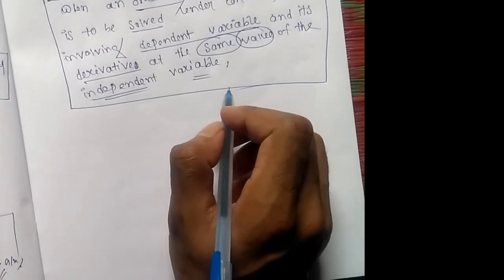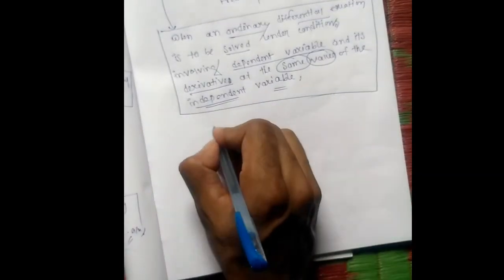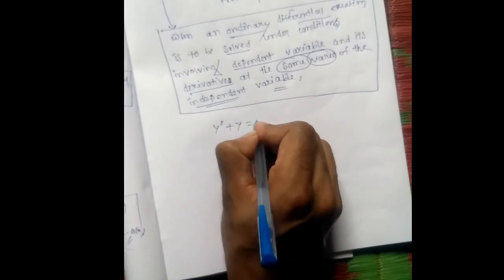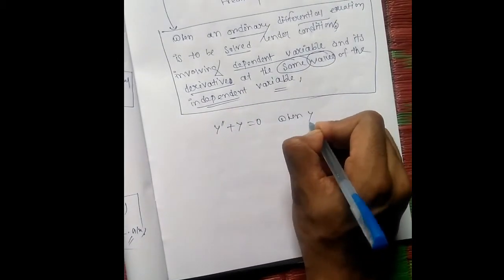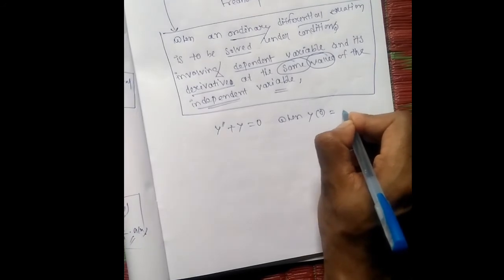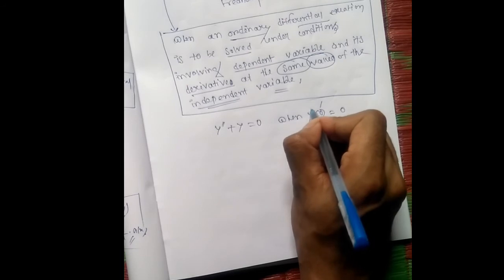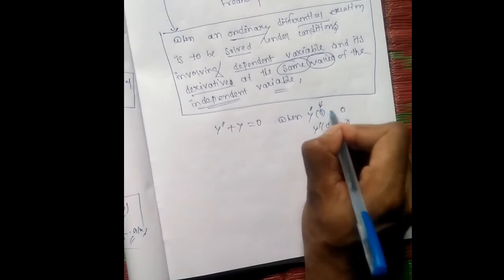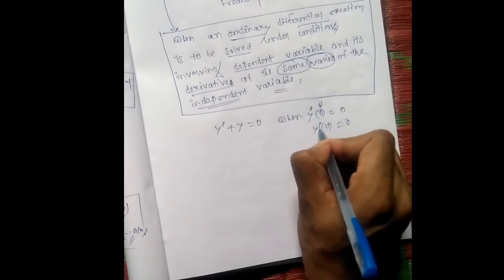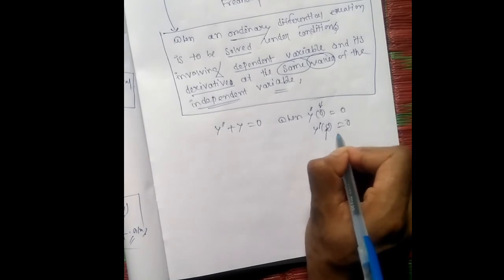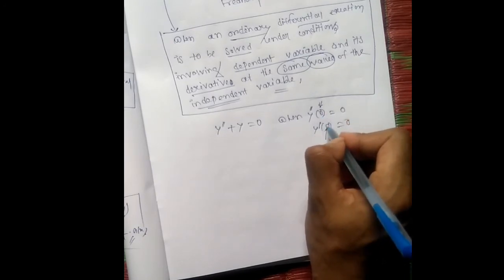This is very important. For example, y'' + y = 0 with y(0) = 0 and y'(0) = 0. You can see that the dependent variable at x = 0 and y' at 0 are at the same point.